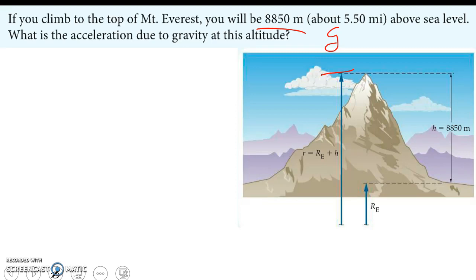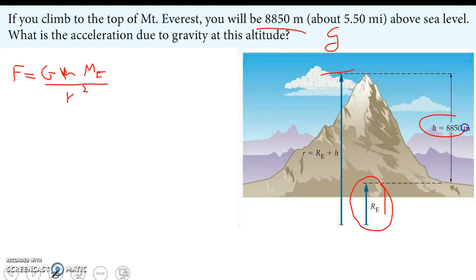So the first thing I want to do, like I did before, is force is equal to G little m, which is me, big M, which is the Earth, divided by the distance traveled squared. Now, you have to think about this distance. This distance is the radius of the Earth. That's to sea level. But then we're also going up that far above sea level. So our radius is going to be the radius of the Earth plus the height we climb.